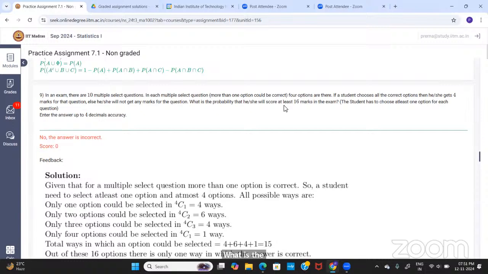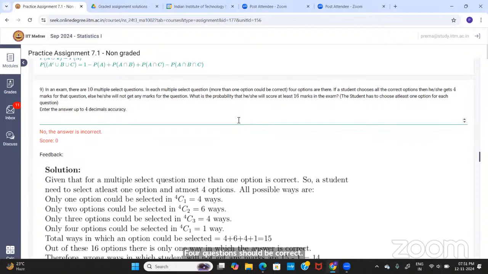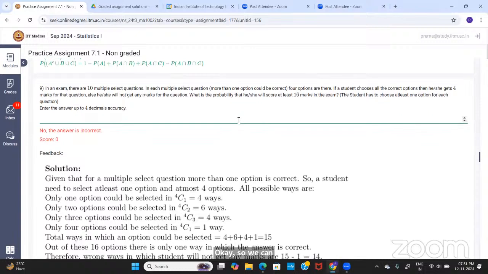So total 10 questions are there. For at least 16 marks, 4 questions should be correct, right? At least 4 questions. So we can compute this probability as 1 minus the probability of 1, 2, or 3 questions correct, because at least 4 marks means at least 4 questions should be correct.